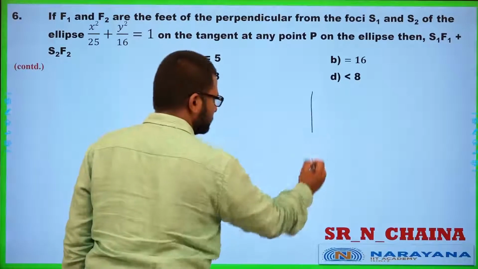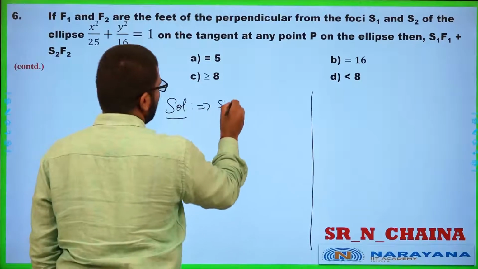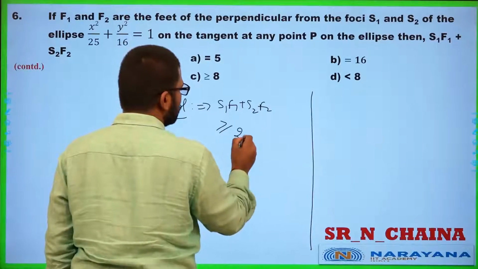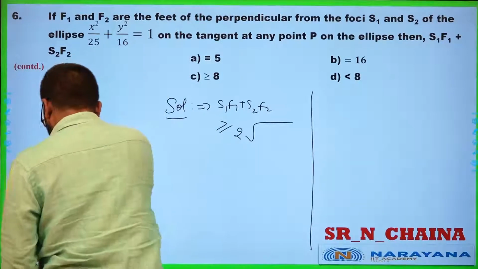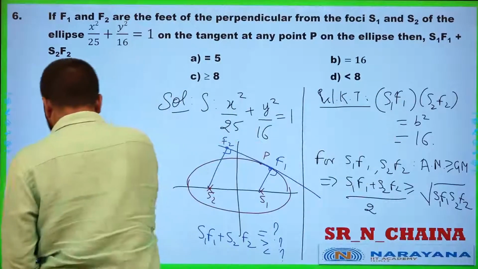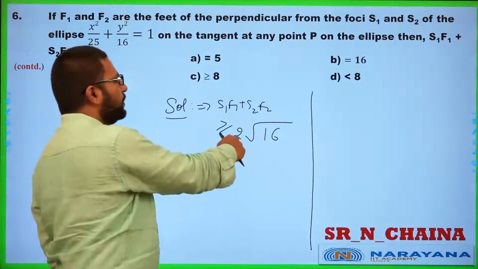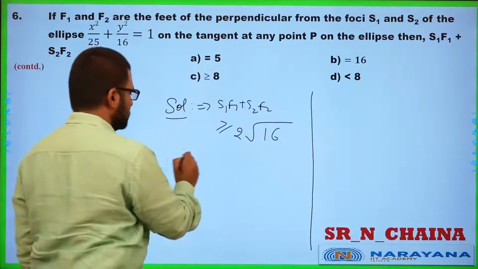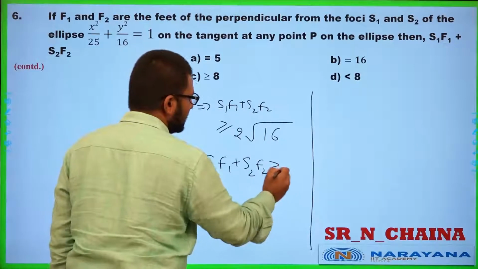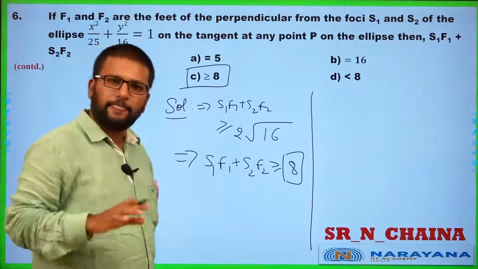Which means S1F1 plus S2F2 is greater than or equal to 2 root of the product, but we have already found out the product is 16, correct? So 2 root 16, substitute, this is 4, 4 into 2, 8. So S1F1 plus S2F2 is greater than or equal to 8. That is your answer. Got it?